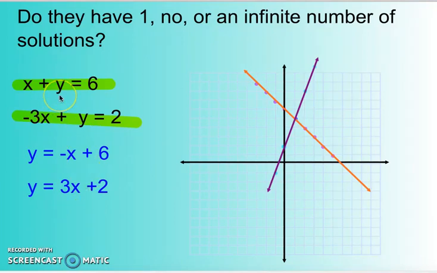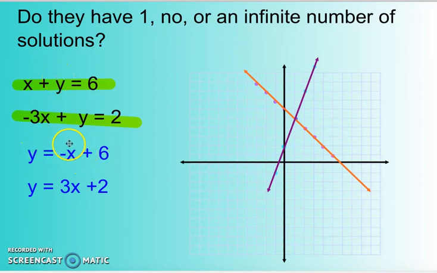And remember, to write in slope-intercept form, I'm trying to get y by itself, and I just need to add or subtract my x and any additional terms that are on the same side as the y. And so I'm moving them over to the other side by adding or subtracting. So notice I had to subtract the x, because that's the inverse operation to move it to the other side. And if I subtract x, I get a negative x. And then that's really all I had to move.